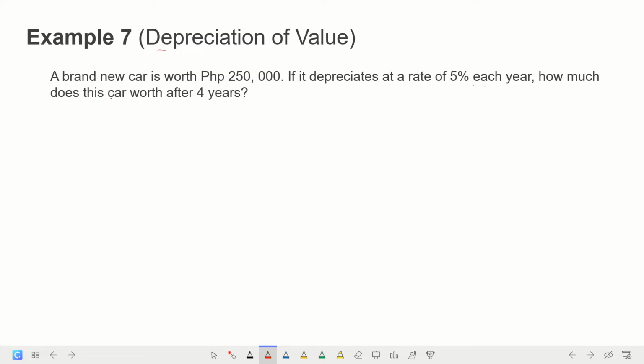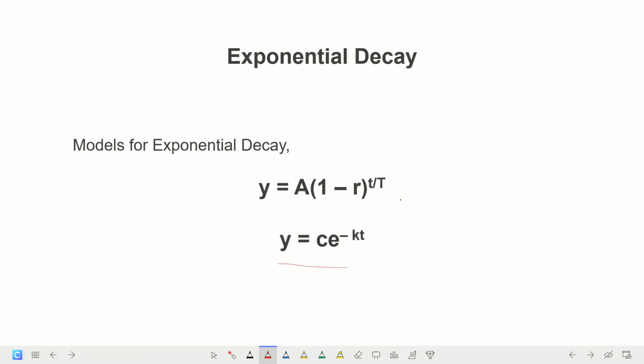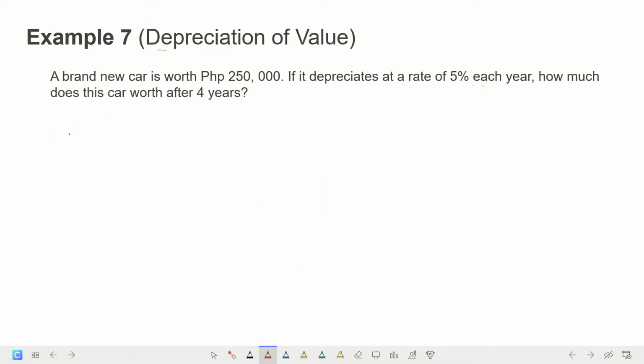The model to use is this one. This is what we will use for depreciation of value. Since this talks about money, let us use the same terminologies as in interest.